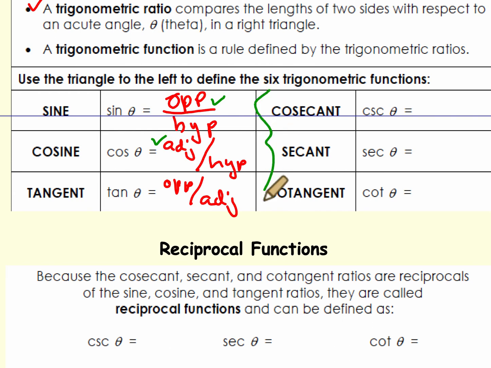These functions over here, cosecant, secant, and cotangent, those are just the names of what we call the reciprocal functions. So basically if you take sine and you flip it upside down, you get hypotenuse over opposite. Secant is hypotenuse over adjacent, and cotangent is adjacent over opposite.